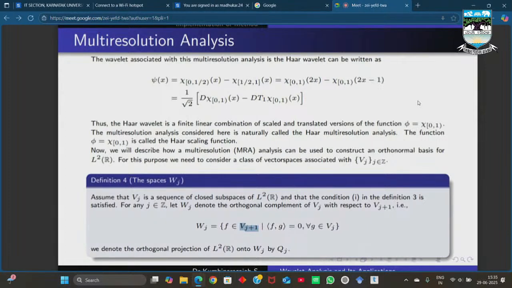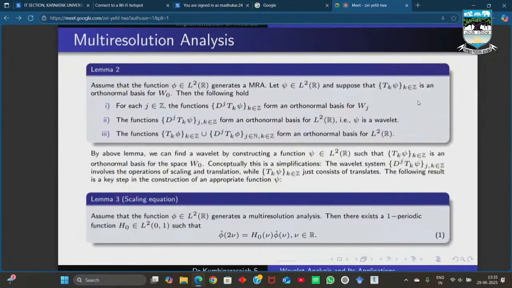Assume that the function phi belongs to the Hilbert space and generates a multi-resolution analysis. Let psi belong to that same space.